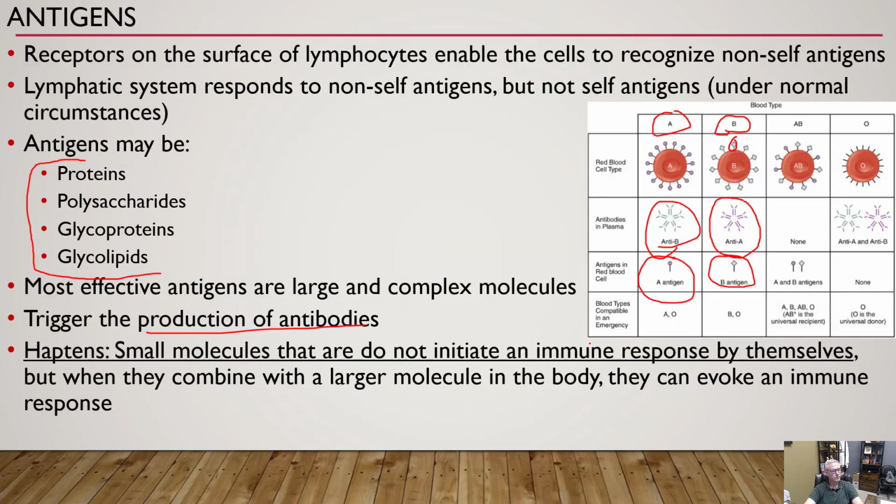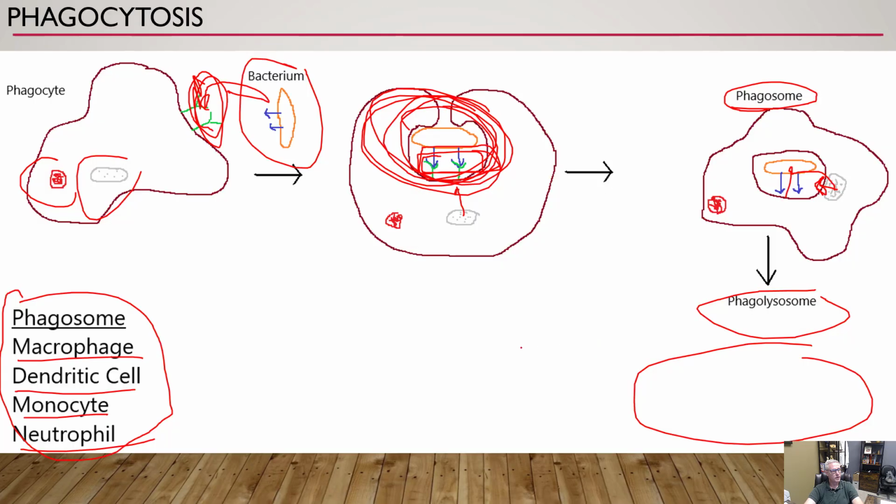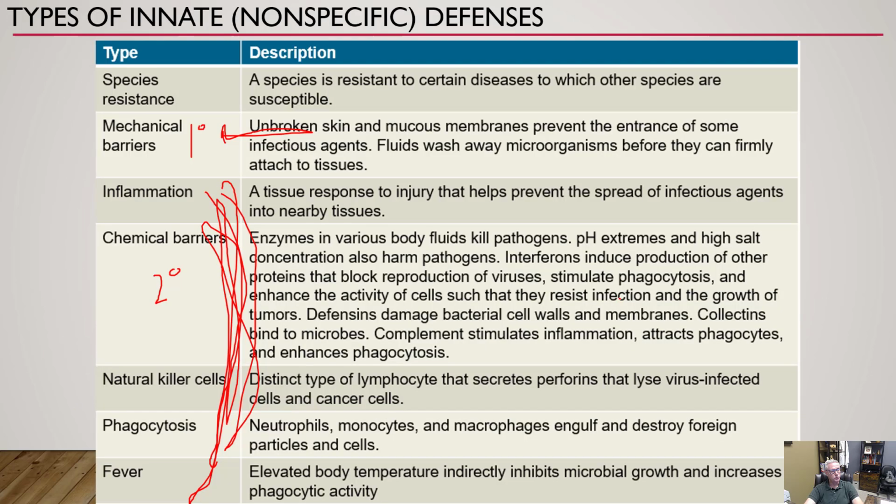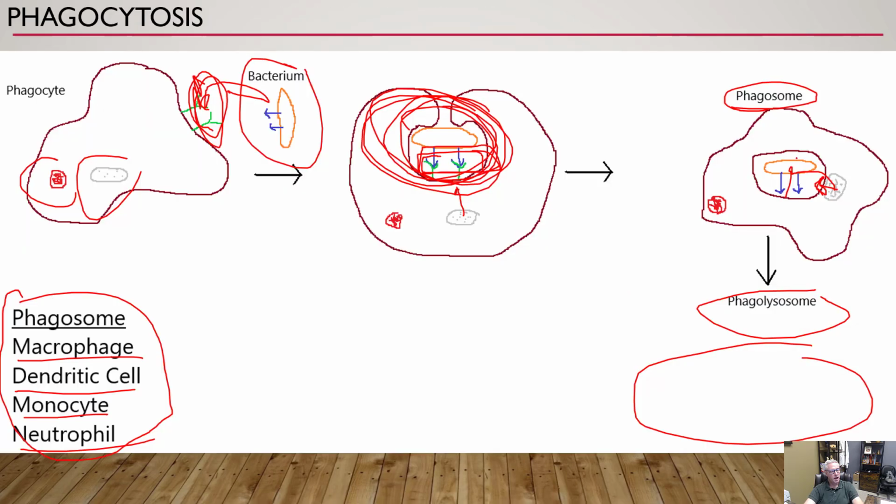We're still going to follow this whole process. Basically, we're going to take a piece of this orange bacterium here, and we're going to put it on our cell wall.